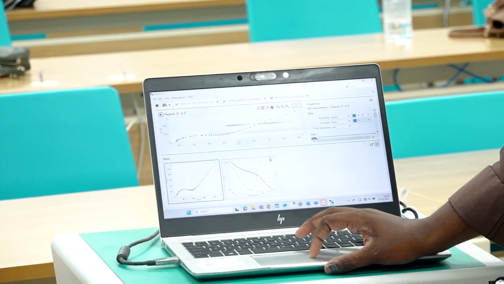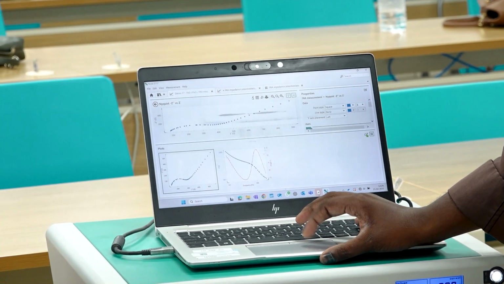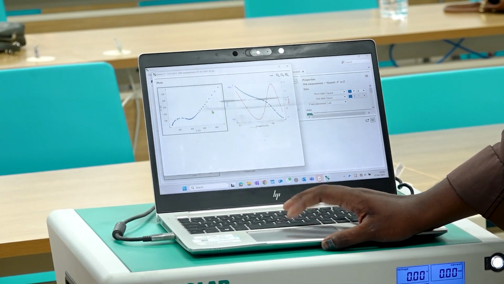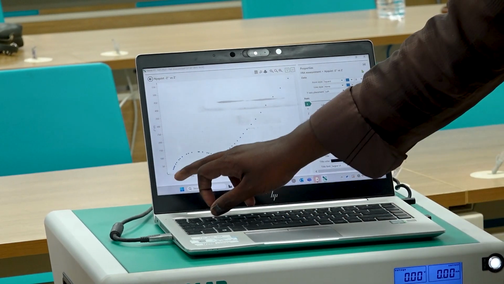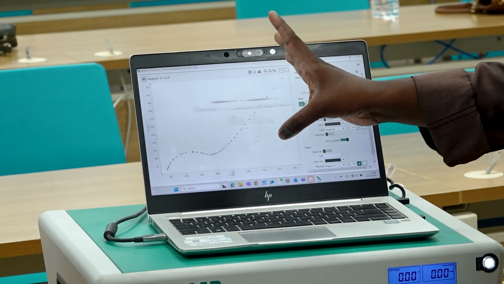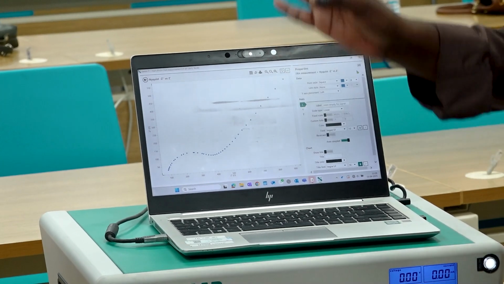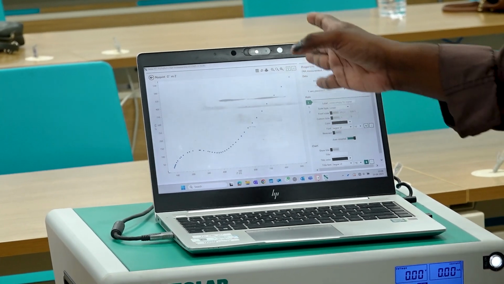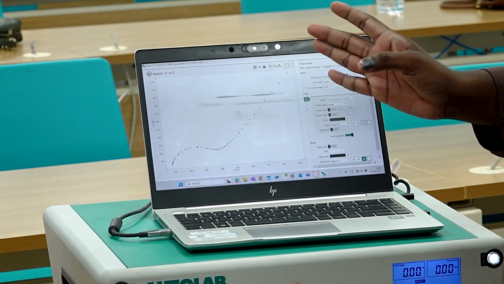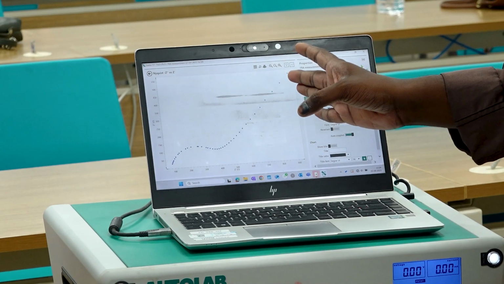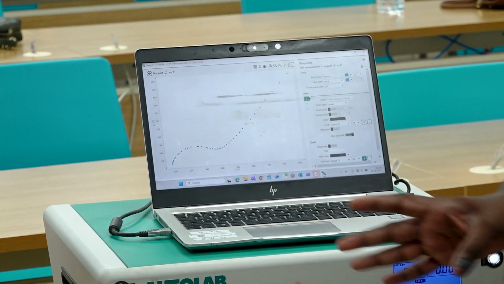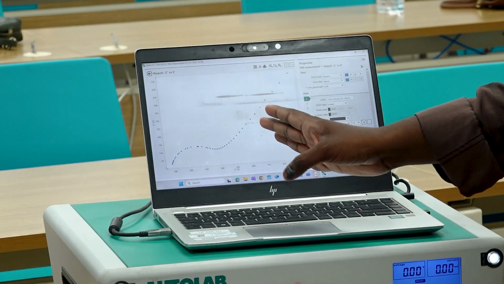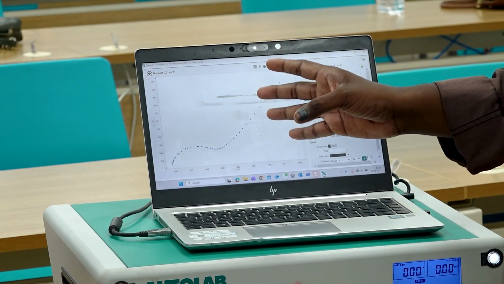So here also you can see a semicircle is there, and after the semicircle what is happening here? Is it a straight line or what?